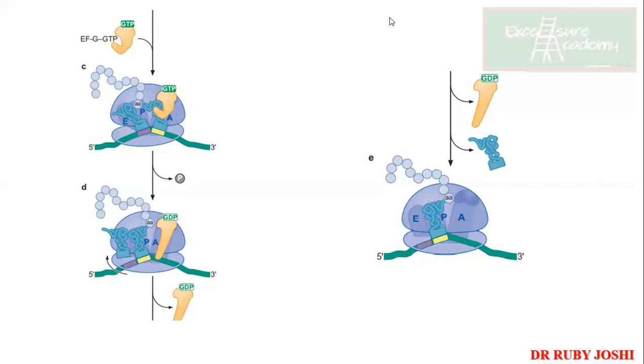Just to highlight over here, they have shown that the first amino acid tRNA, A side tRNA का codon yellow में दिखाया, फिर purple में दिखाया. So after this EFG hydrolysis, you can see that A side में जो आपका amino acid codon था वो अभी आपका P में चला गया है, और जो purple जो P में था वो आपका E में चला गया है. So during this translocation, it is not only the tRNA which is getting shifted, it is also your mRNA which is getting shifted. ठीक है, so एक codon आपका shift हो जाता है.